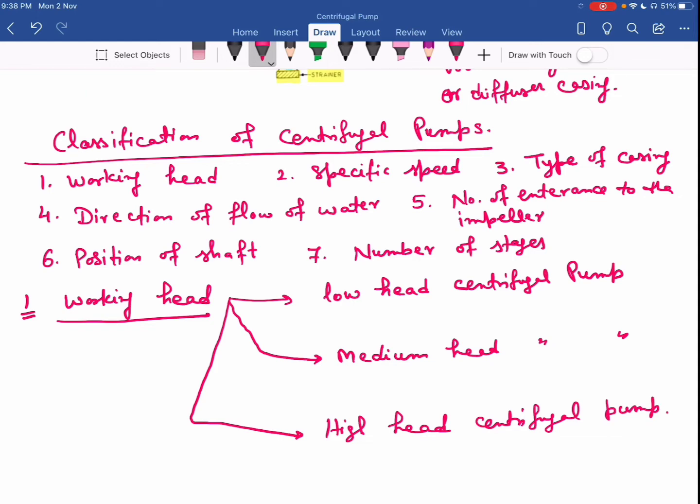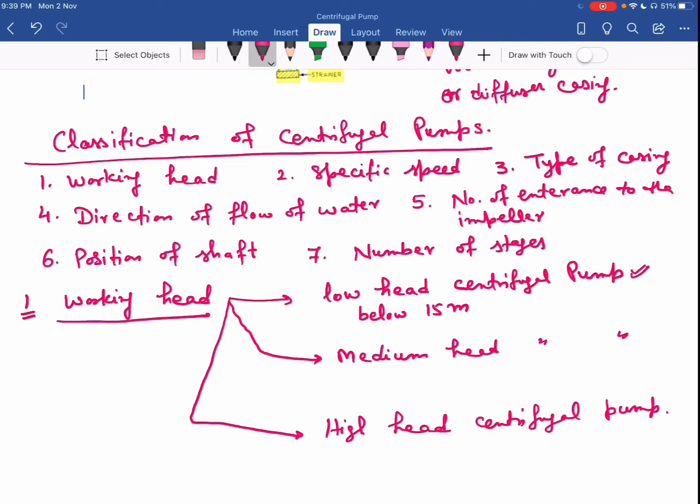The low head centrifugal pump is normally a single stage pump. Here the working head is below 15 meters. Such pumps are used with spiral or volute casing without guide vanes. These pumps can be either single section or double section.